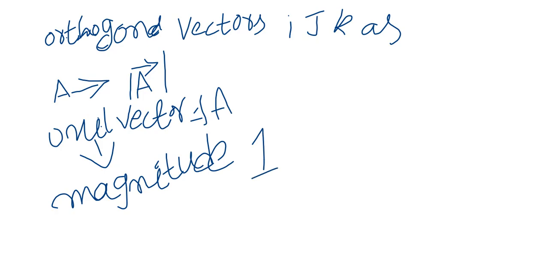Any vector whose magnitude is 1 is called a unit vector. I, J, K are called orthogonal vectors.